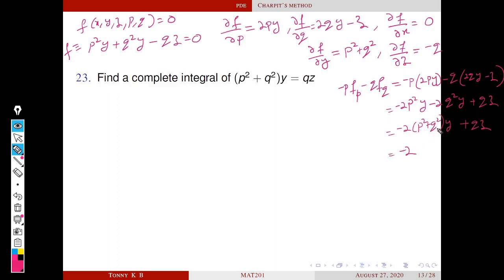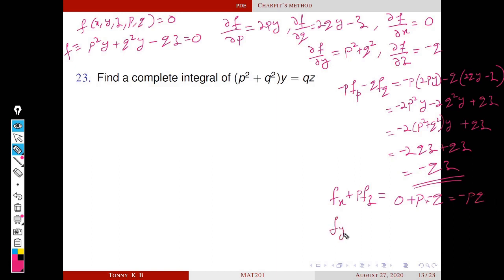And this is p square plus q square times y, that is nothing but qz. So next term is fz, which is minus q. So this is equal to minus pq.